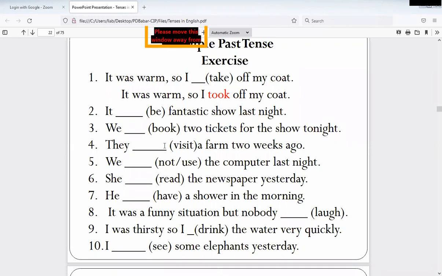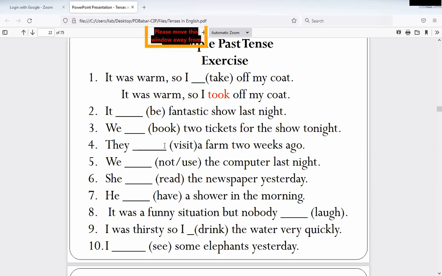Then let's see the eighth example. I was thirsty, so I (drink) the water very quickly.